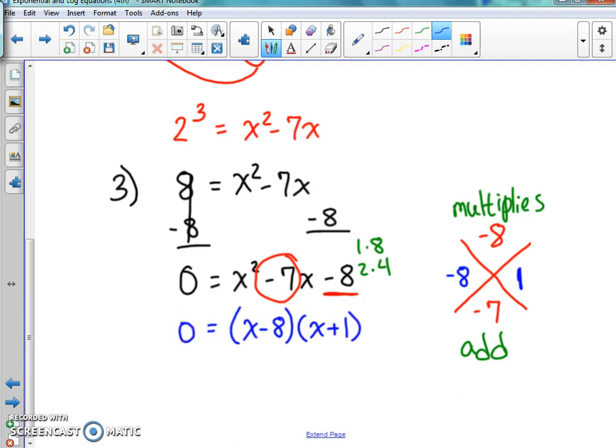And we have to continue to solve it out. So we need to solve it for x here, and hopefully everybody remembers the zero product principle. They probably didn't know that was the name of this, but that's what it is, the zero product principle. We set both things equal to 0 and solve it out for x. So here, we have 8 equals x, or x equals 8, and we get negative 1 equals x.